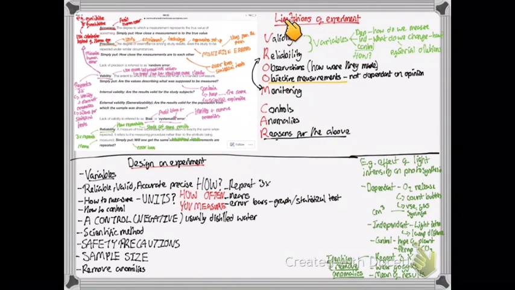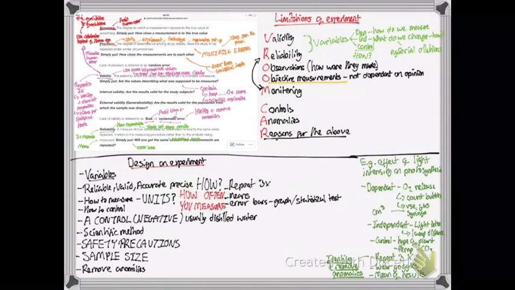So don't just mention all of these. Don't just say he was not valid, it was not reliable, his observations weren't good, he didn't use a control, he didn't identify anomalies. Explain each point. R is reasons for all of the above. So don't be really vague and just mention each one.